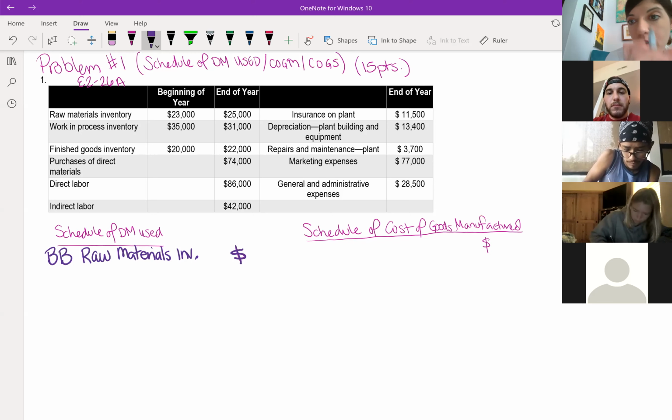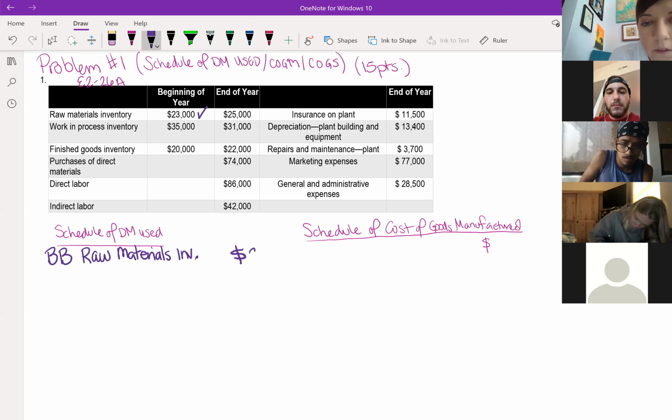So you would have to, I believe it's going to be a drop down that you're going to select beginning balance raw materials inventory. So we're going to go over here. The beginning balance for raw materials inventory is 23,000. And that's what they started the year with.